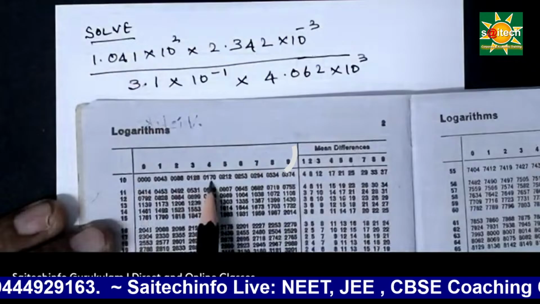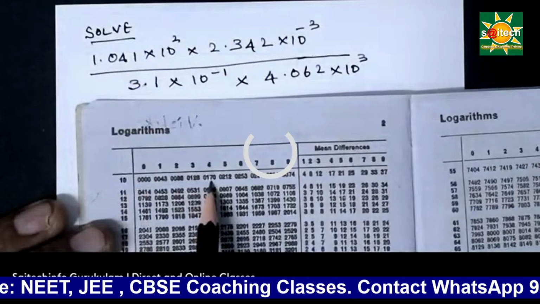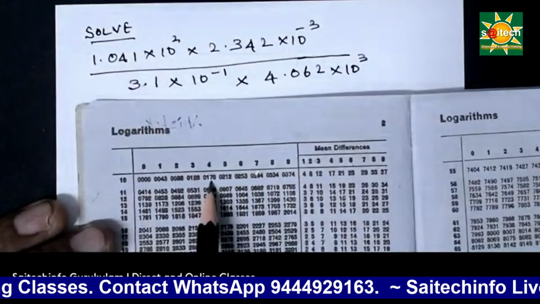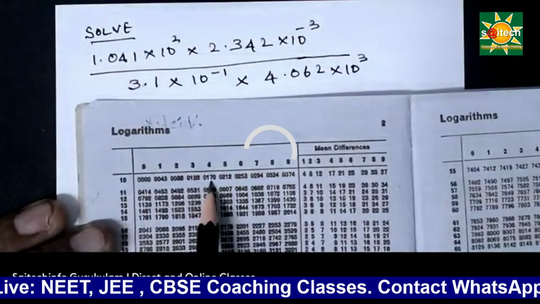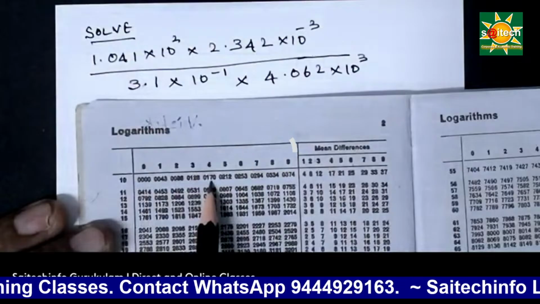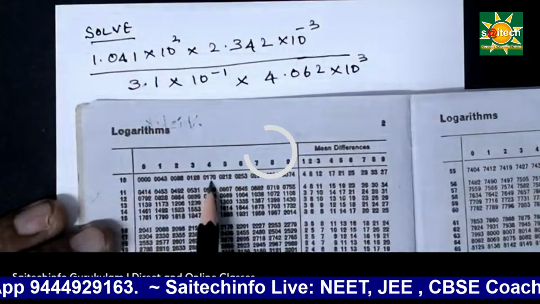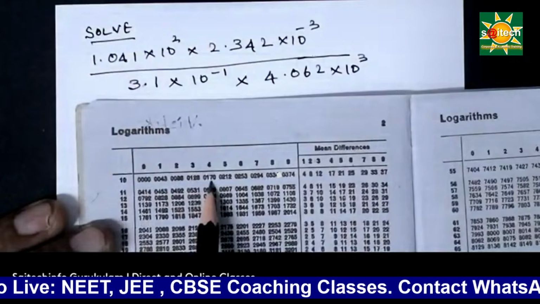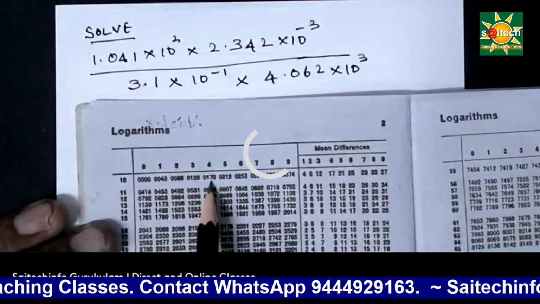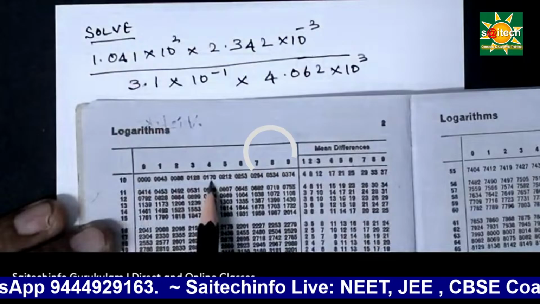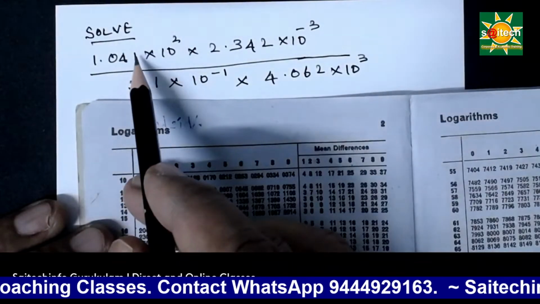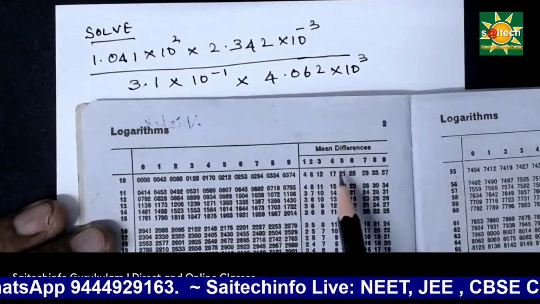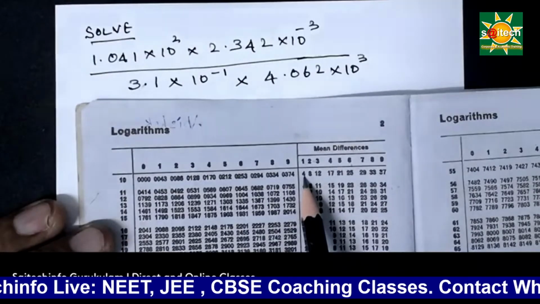And again it is 1. So you have to take the mean difference, and this is the mean difference. 4 is the mean difference. So what you can do, you can take like this.